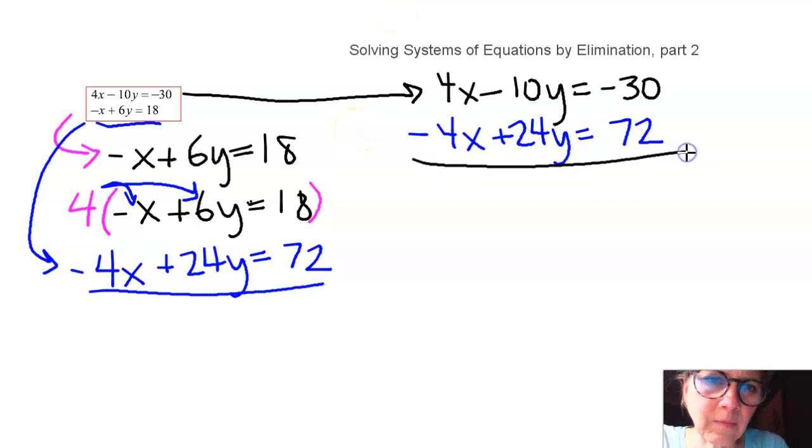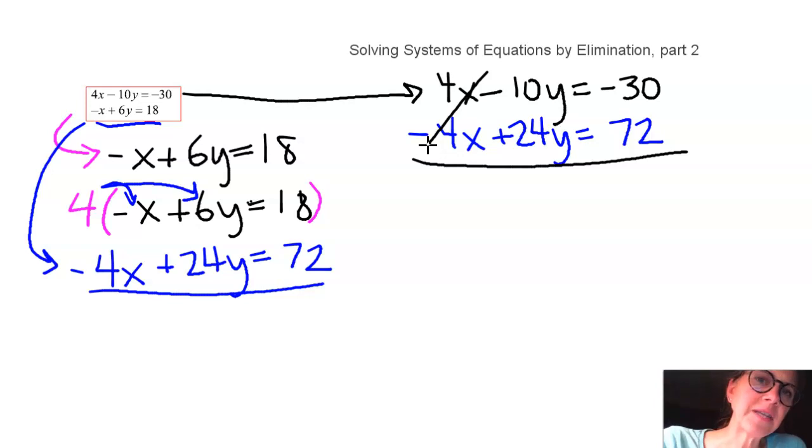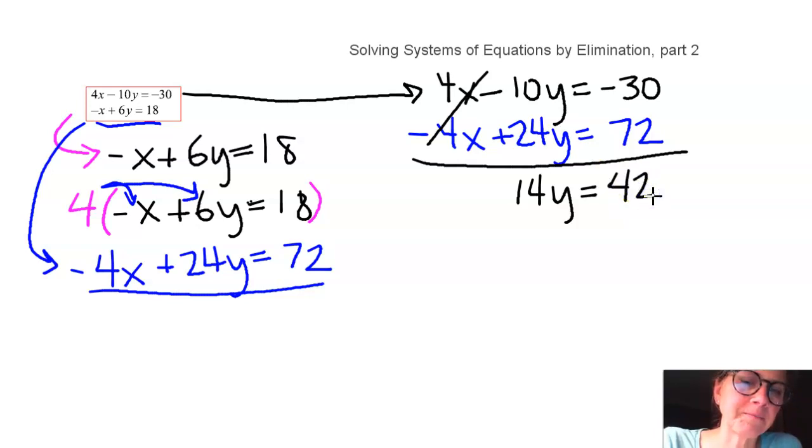I already have a negative sign right here, so I'm just adding this equation to this equation. I'm combining the parts that are similar. So 4x minus 4x, oh, that cancels out nicely. Then negative 10y plus 24y leaves me with 14y. And then negative 30 plus 72 is basically 72 minus 30, which leaves me with 42.